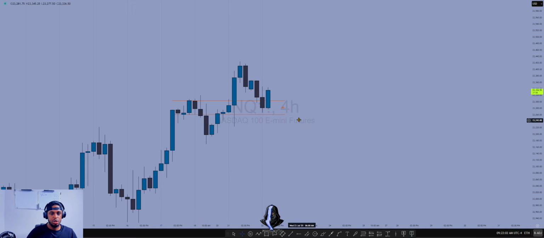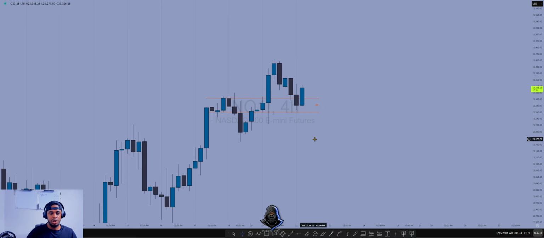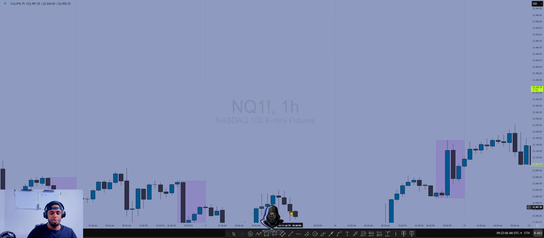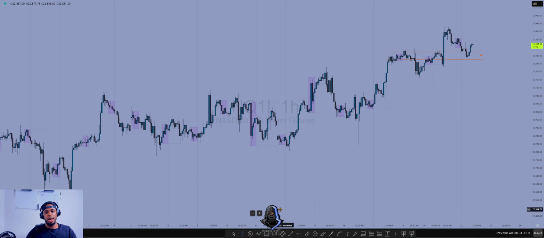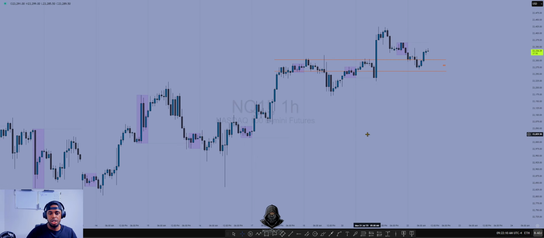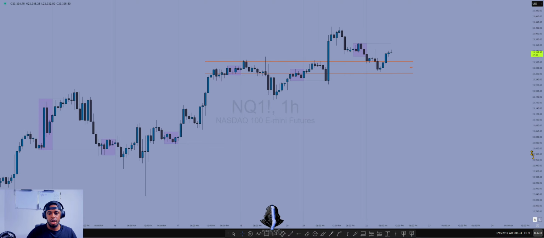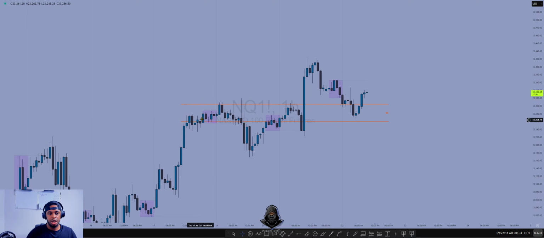Okay. So now when I look at that and then I go back to a 60-minute, let's see how that lines up with everything else that I was looking at. And as you see, it's lining up with that 1 hour consolidation that we had earlier. So that would be here, which I had just a minute ago.